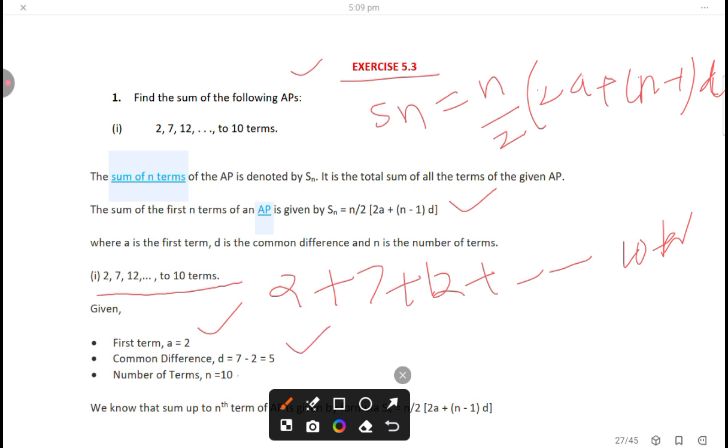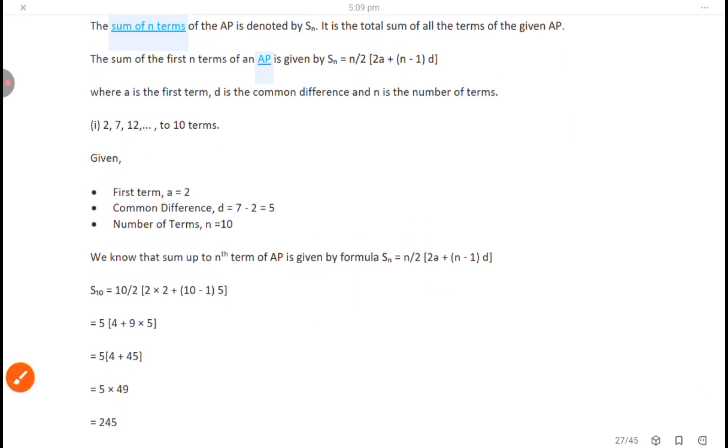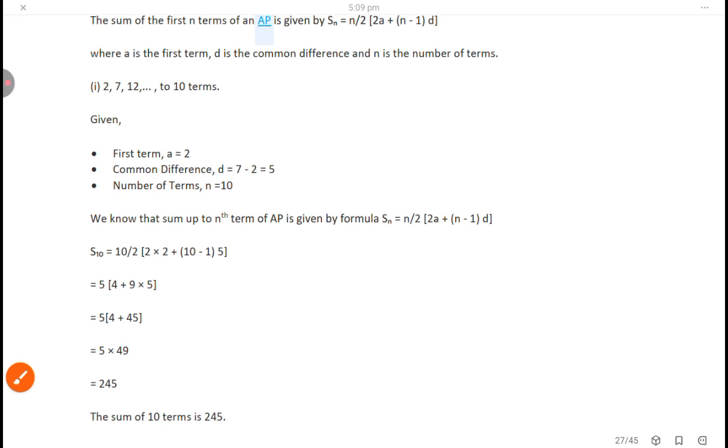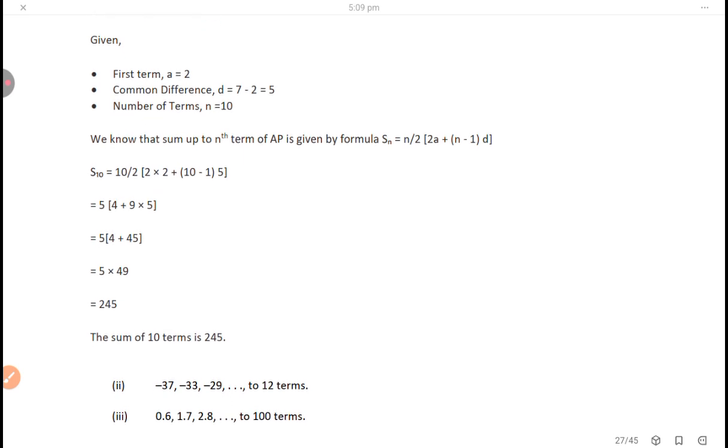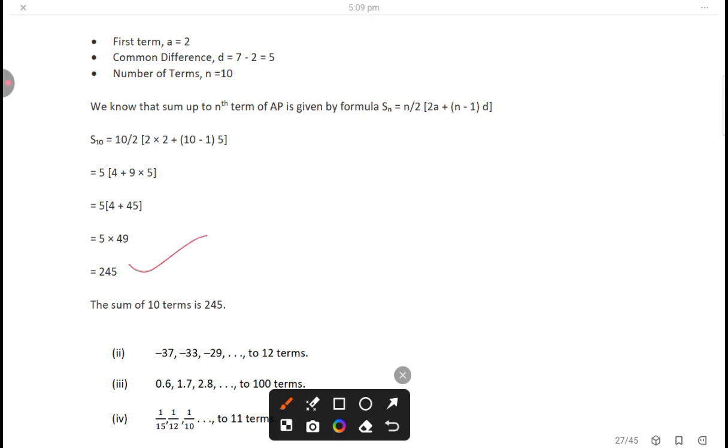The number of terms n equals 10. You put all the information in the S_n formula. You will get S_10 equal to 245. So the sum of 10 terms is 245.